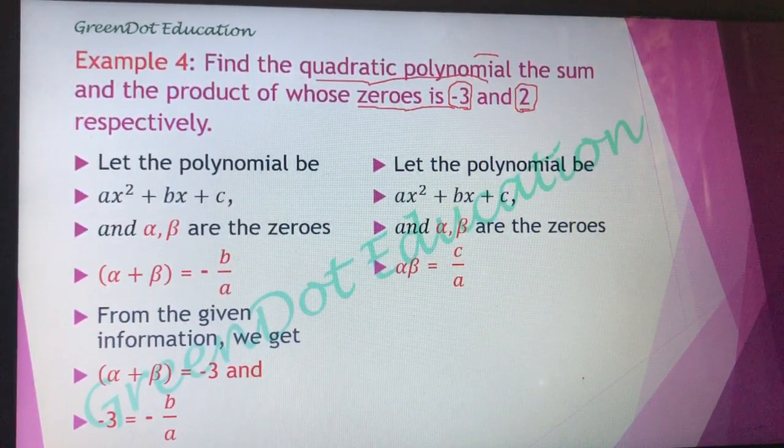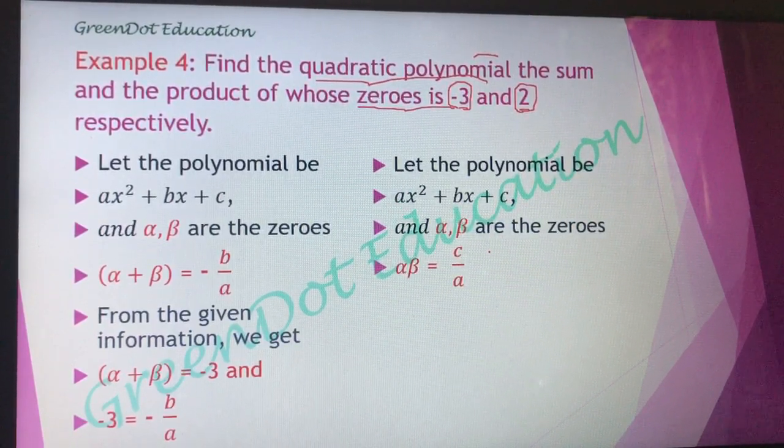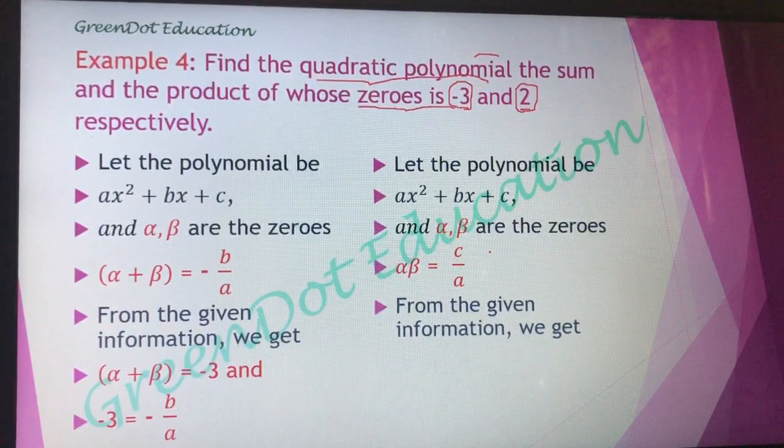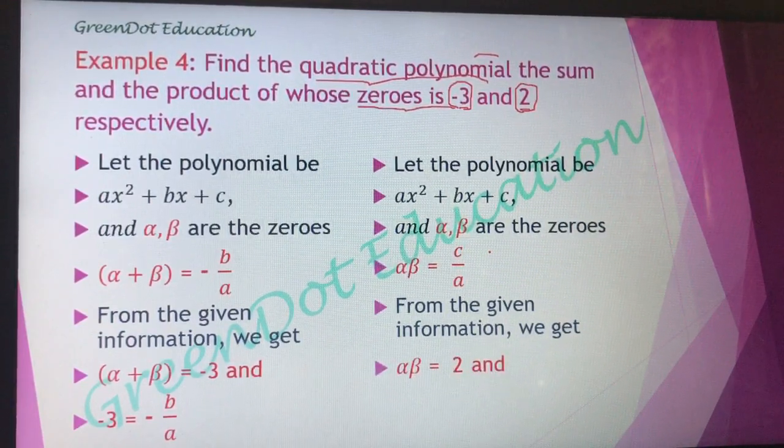Here we can see that c is the constant term and a is the coefficient of x squared. This is a, right, and this is c. Now from the given information we can say that alpha beta is equal to 2, as we have been given that the product of the zeros is 2. So alpha beta is equal to 2, which equates with the value c by a.